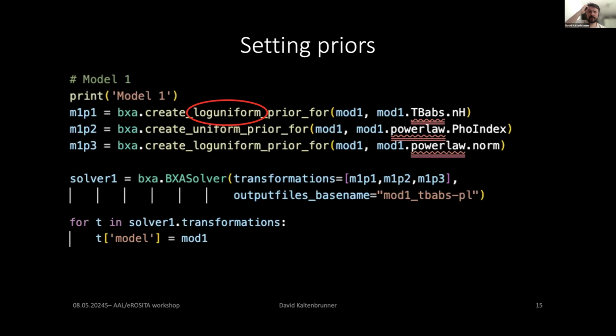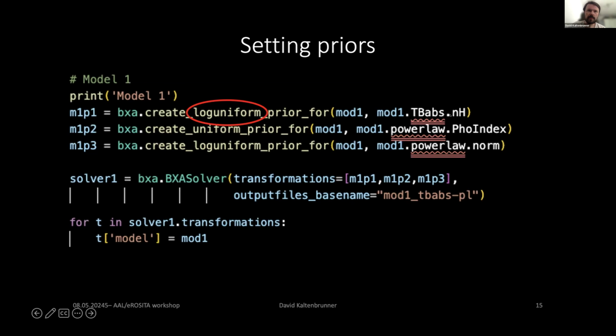The way that this works in BXA is there are already predefined functions for which you just have to write what kind of prior you want to choose. So log uniform, uniform, Gaussian, then which model it should work on and which parameter it should be for. In this case, it's a prior for NH.